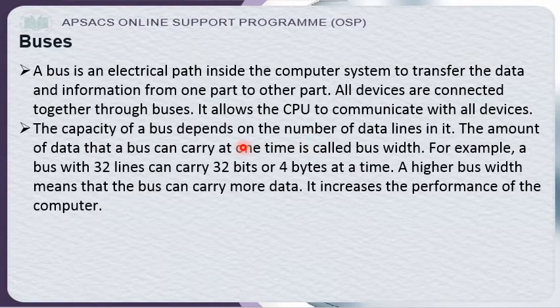The capacity of a bus depends on the number of lines in it. If we have 32 lines, or 32-bit, it means 32-bit data can move, or we can say 4 bytes at a time, because 32-bit is equal to 4 bytes. So it means 32 lines which are coming in or going out for sending and receiving data.